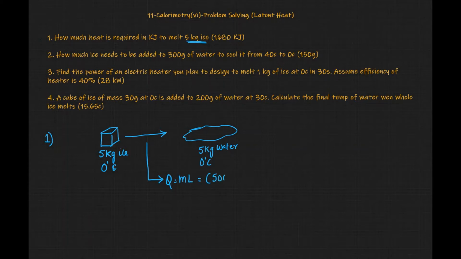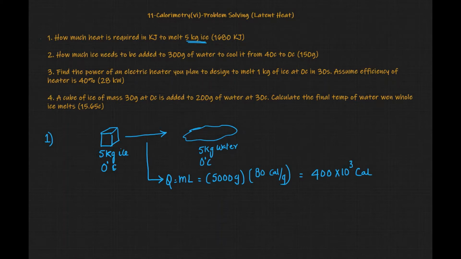Mass is, let's say, 5,000 grams. L is 80 calorie per gram. That'll be equal to 400 into 10 power 3 calorie.